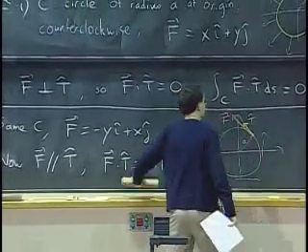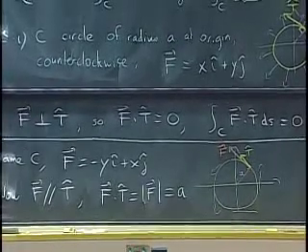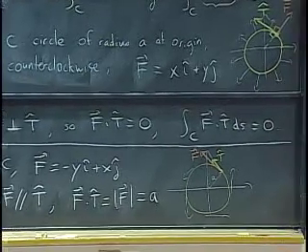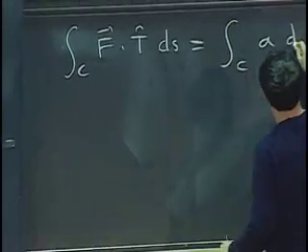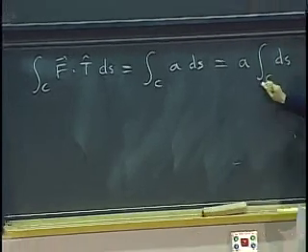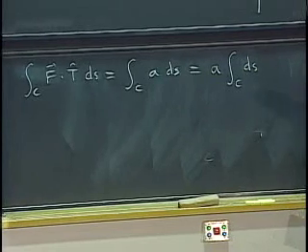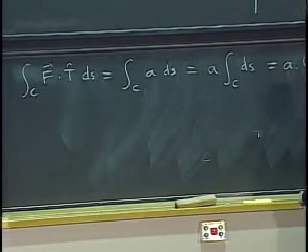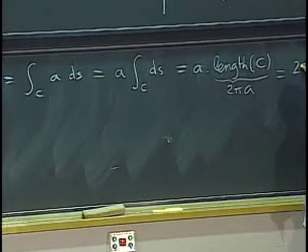Now we know how to integrate that quite quickly, because that becomes the integral of a ds, but a is a constant, so we can take it out. And now what do we get when we integrate ds along C? We should get the total length of the curve, if we sum all the little pieces of arc length. We know that the length of a circle of radius a is 2 pi a, so we get 2 pi a squared.